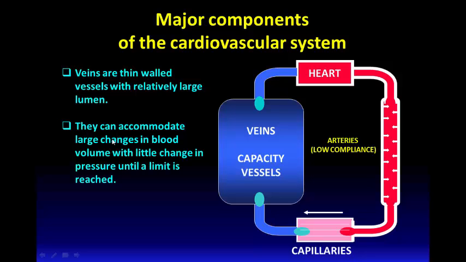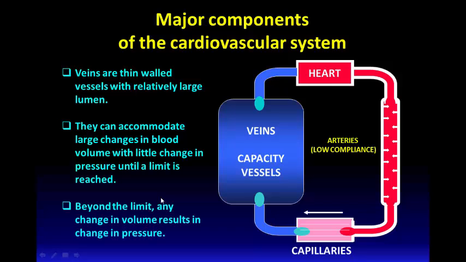They can accommodate large changes in blood volume with only little change in pressure until a particular limit is reached. Beyond that limit, any change in blood volume would result in a change in pressure.